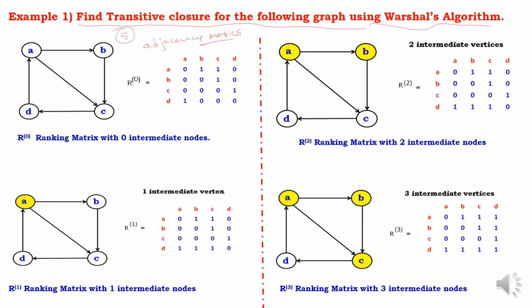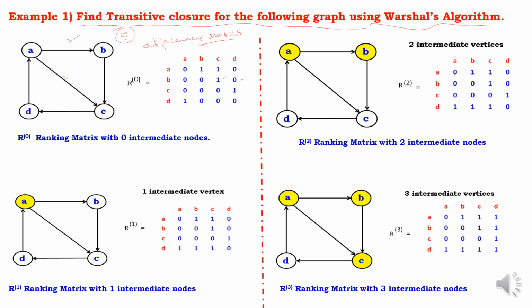A to A, 0. A to B, yes, there is an edge, 1. A to C, there is an edge, 1. A to D, there is no path from A to D, so 0. Then B: B to A, there is no edge, 0. B to B, no edge. B to C, there is an edge. B to D, there is no direct edge, 0.